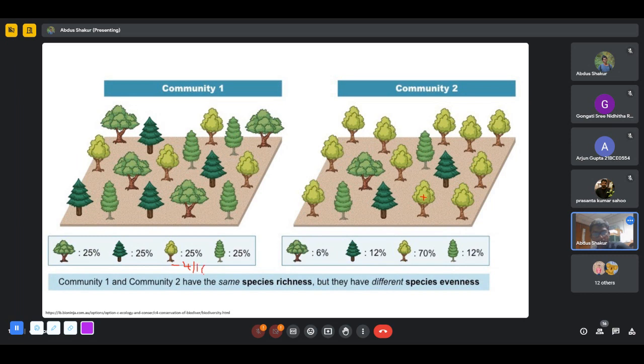So that is how you calculated the proportion to get that 25%. If you do the same thing here, this species has two individuals, 2 divided by 16, right?